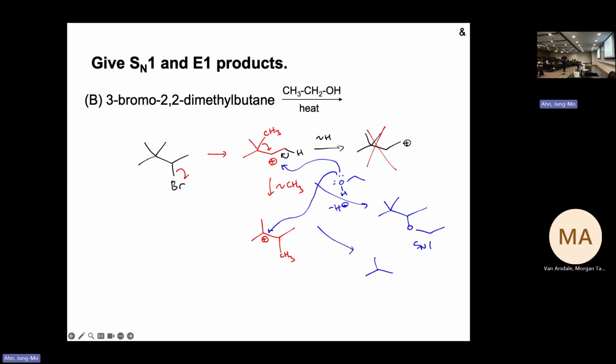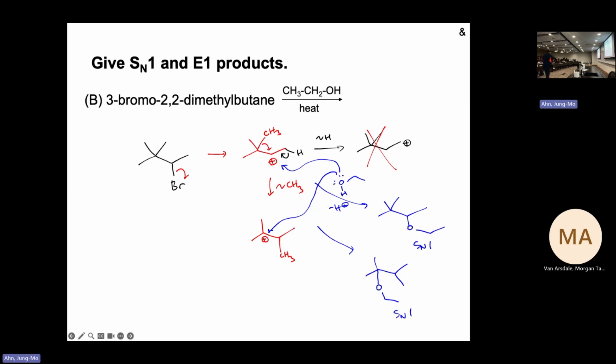But as an SN1 product, I'm expecting that capturing the more stabilized carbocation gives the major product, because it's coming from the more stabilized carbocation, which is the majority in the solution, and the solvent molecule capturing this major carbocation should give the major SN1 product.